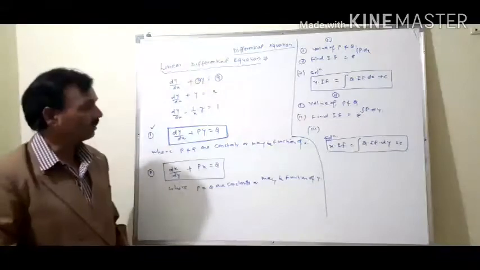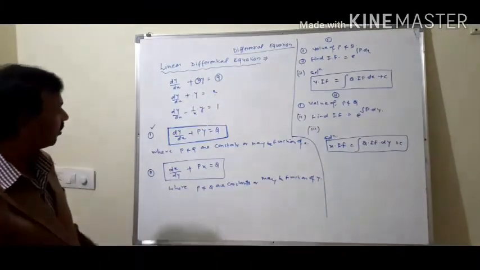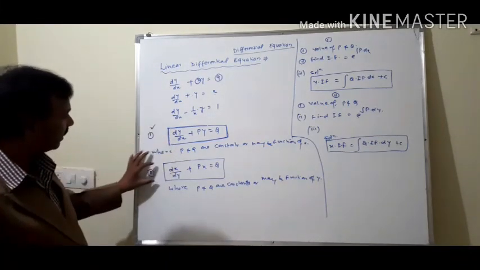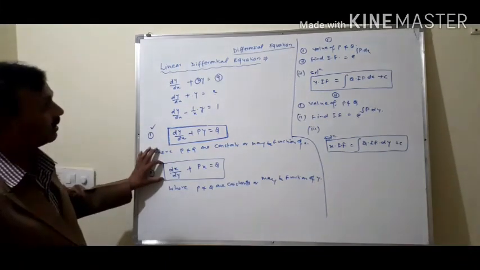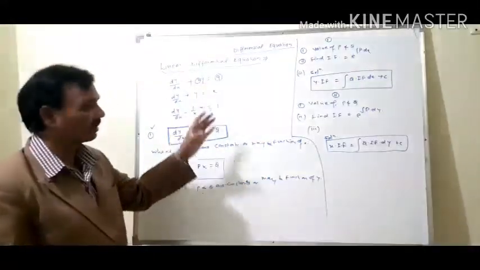In the next video we will take two examples, the first related to the first case and the second related to the second case, and we will find the general solution of the given differential equations.